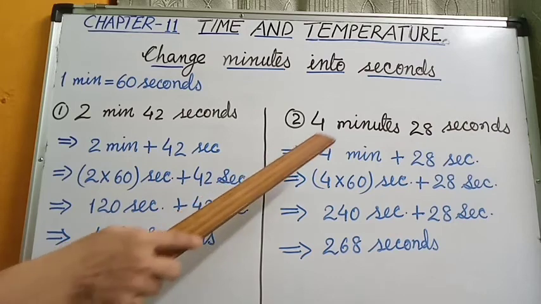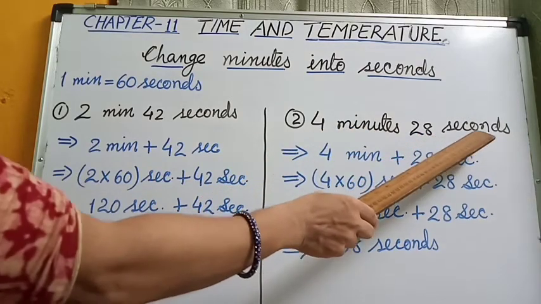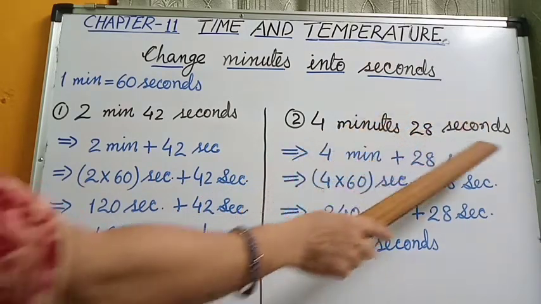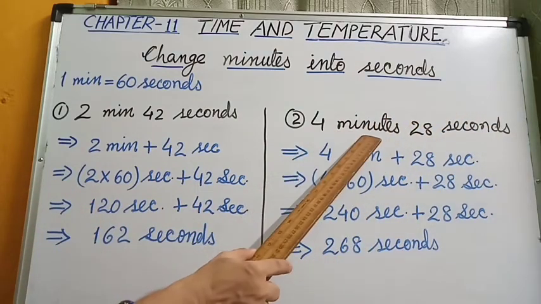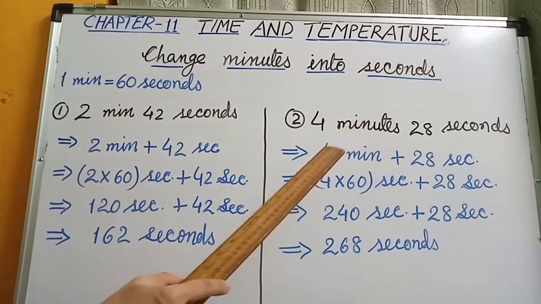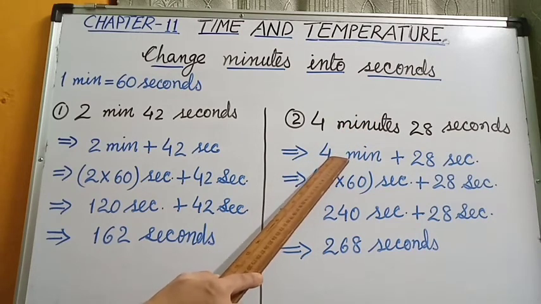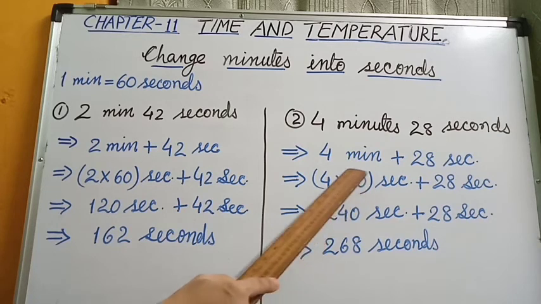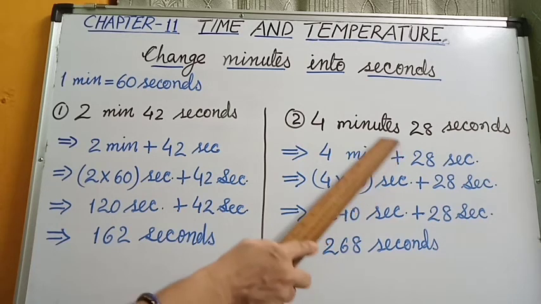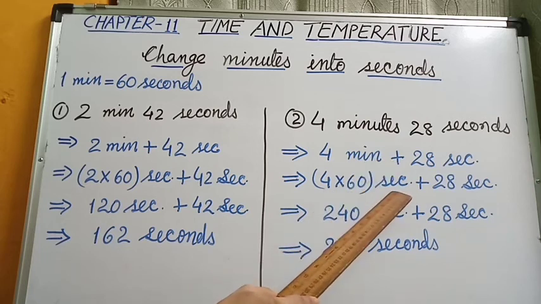In the next question, 4 minutes 28 seconds. It is already in seconds, so no need to convert. Now we have to convert 4 minutes into seconds. So what to do? To convert minutes into seconds, we have to multiply by 60 again, and when we multiply by 60, minutes can be removed and seconds can be written.